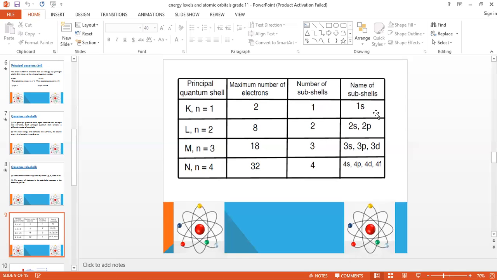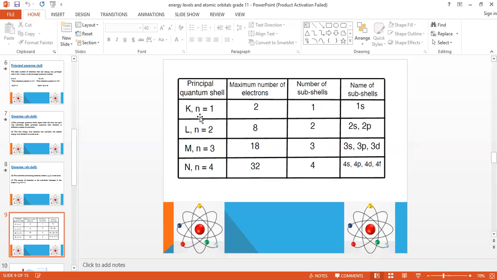The 1 means the shell where the electron is present, the energy level, the principal quantum shell where the electron is present. So 1, 2, 3, 4 represent the principal shell, or you can say energy level. Understand now? And S, P, D, and F represent what? Subshells. So now correlate between both.